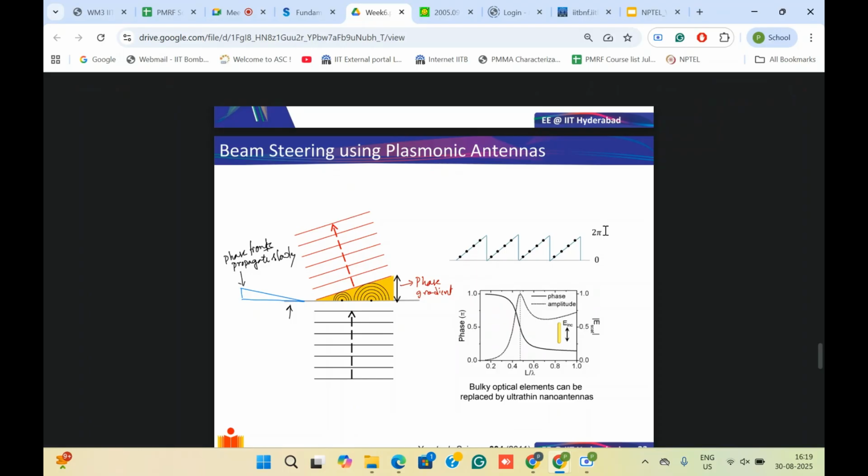Suppose we have a continuous gradient like this, let's say a gradient which is 0 to even 10 pi or 8 pi. If we have such a phase gradient, I can simply wrap at 2 pi, and then we can create a triangular phase profile like this.